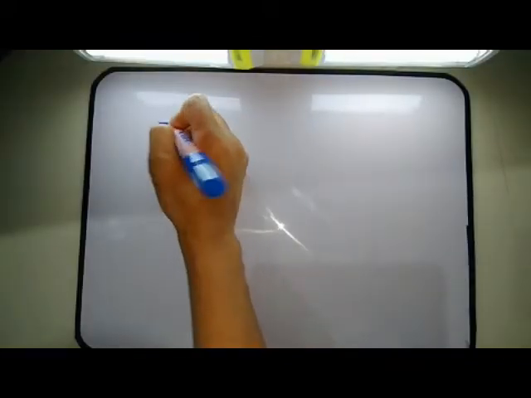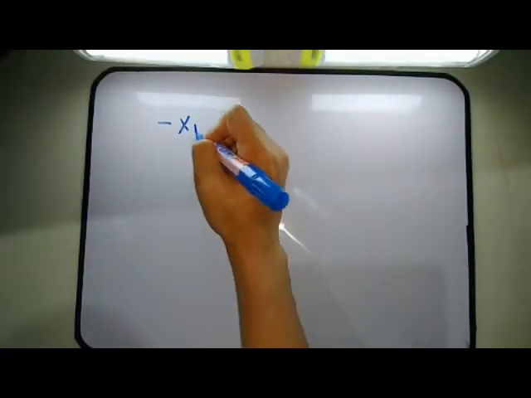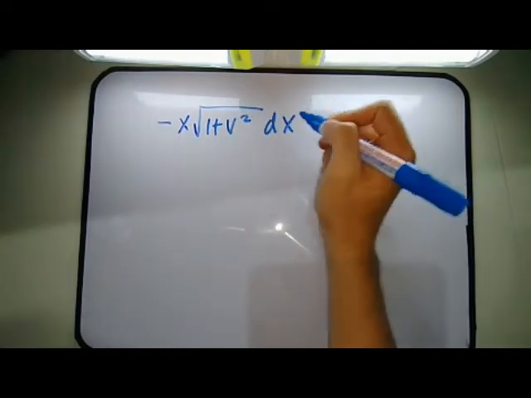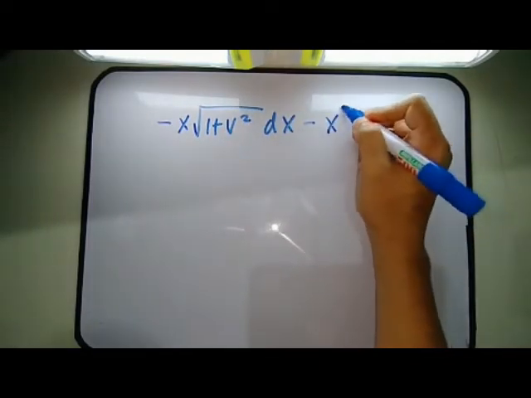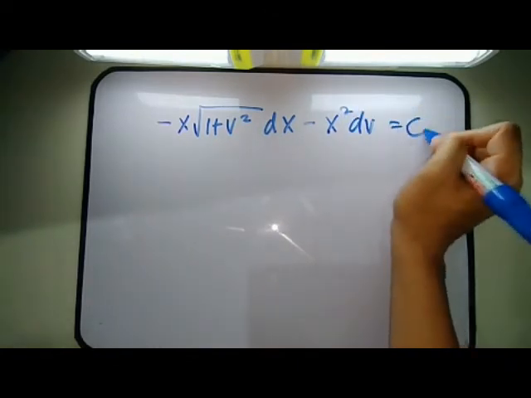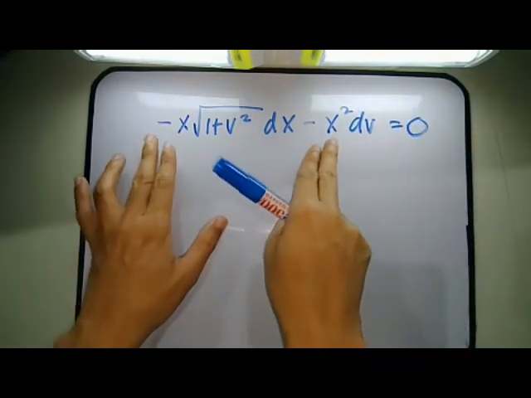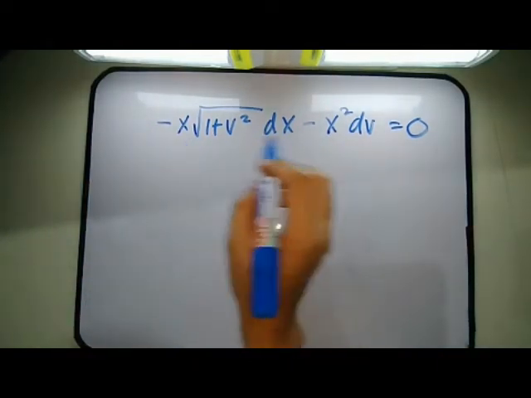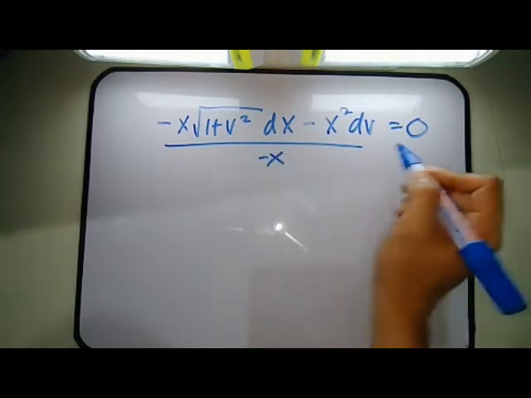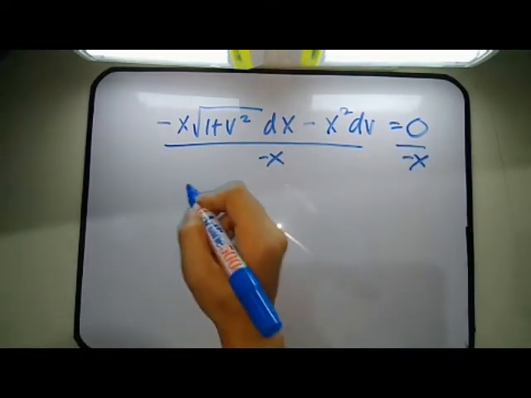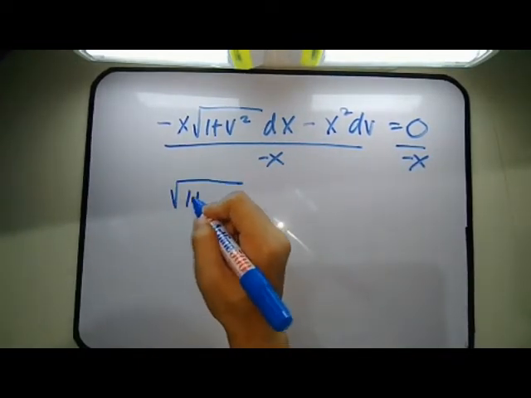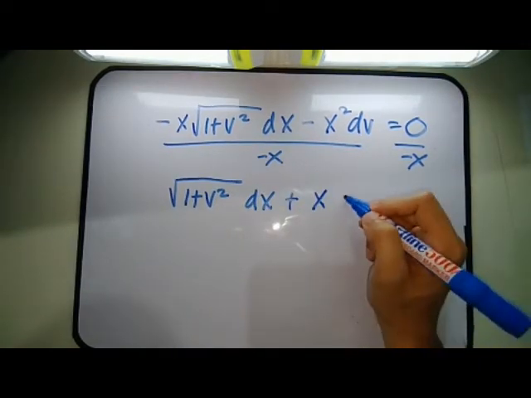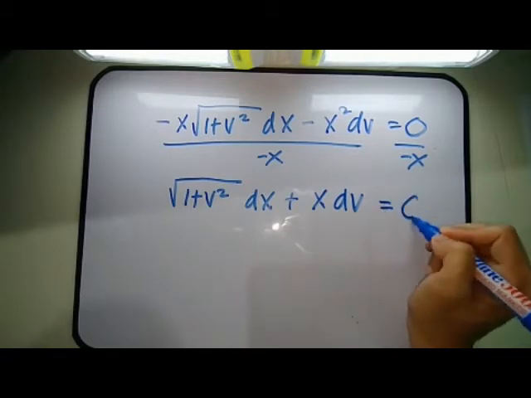We have here negative, so that is x square root of, so 1 plus v squared dx minus x squared dv equals 0. So, to simplify, so ito guys, common yung x, i-divide natin both sides by negative x. We have here square root of, so 1 plus v squared dx. So, plus, you have here x dv equals 0.